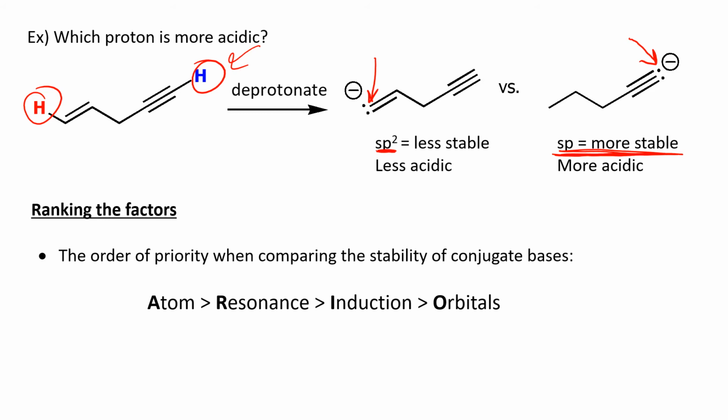The more stable the conjugate base, the more acidic its conjugate acid. So we have our more acidic proton and our less acidic proton.